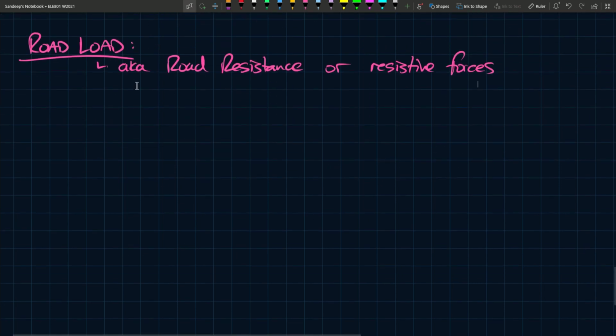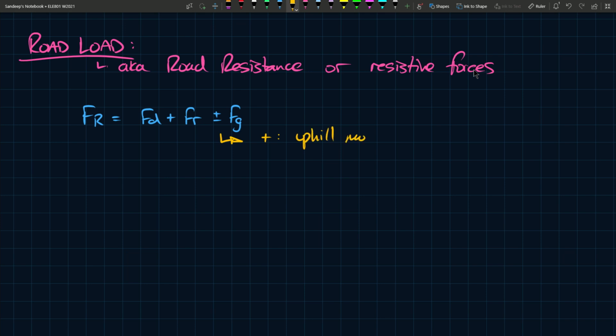Whether it's the road load resistance or the resistive forces, you can summarize all of them and call them F sub capital R, and that'll be Fd plus Fr plus or minus Fg. We can say here that plus is for uphill movement. So when you're moving uphill, the resistive force experiences a negative. And we'll discuss this in a second. And it's negative when downhill.